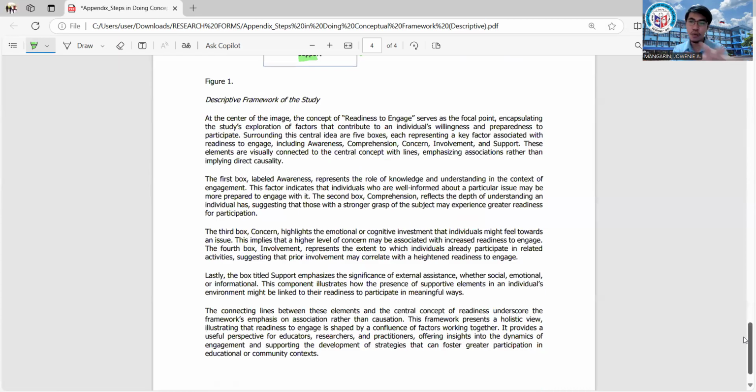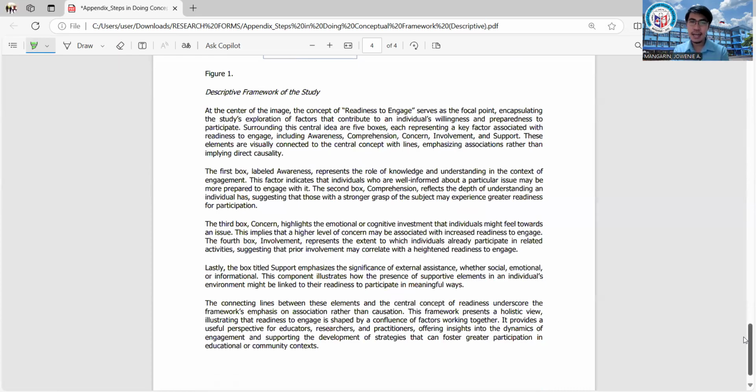Kasi, if you're going to analyze yung content ng ating research paradigm, ito yung content ng research paradigm natin, what the researchers did here are just explaining the variables present on the study. For example, they discuss here the context of readiness to engage. Okay?